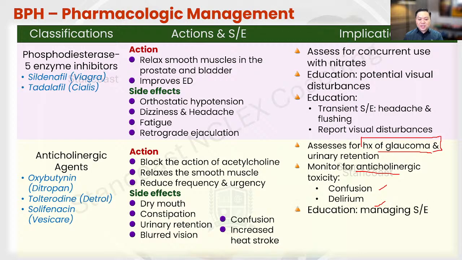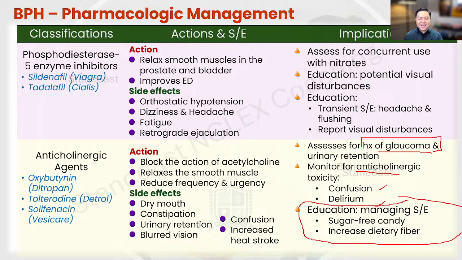And make sure that you're also going to educate the patient about the side effects, about controlling the dry mouth. So what you can do is offer them at least a sugar-free candy in order to relieve the dry mouth, or increase their dietary fiber in order to prevent constipation. So these are common side effects.